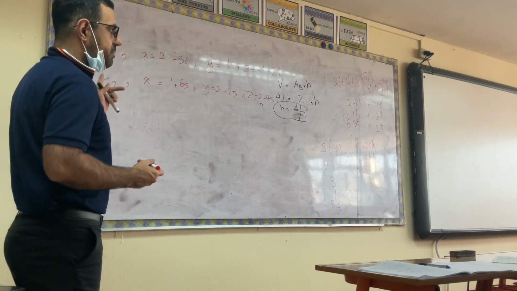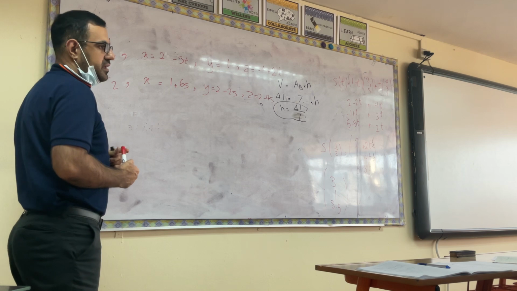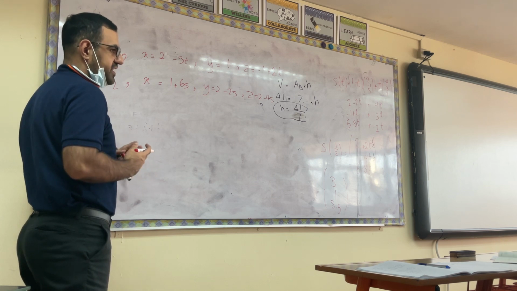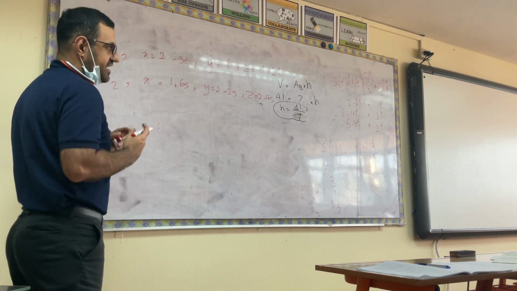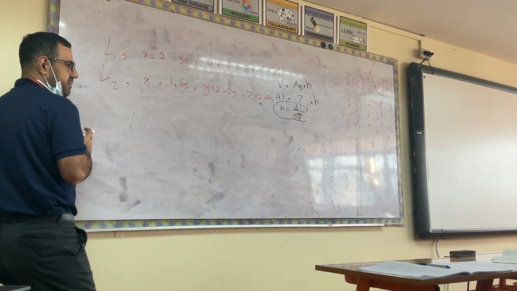Now those are parametric equations. How do I make them into a line equation again? This is the line equation here. Super easy. With parametric, I separate the components; with the line equation, I combine them together.